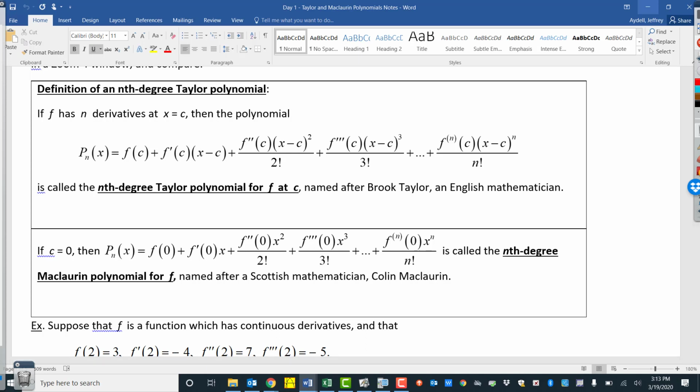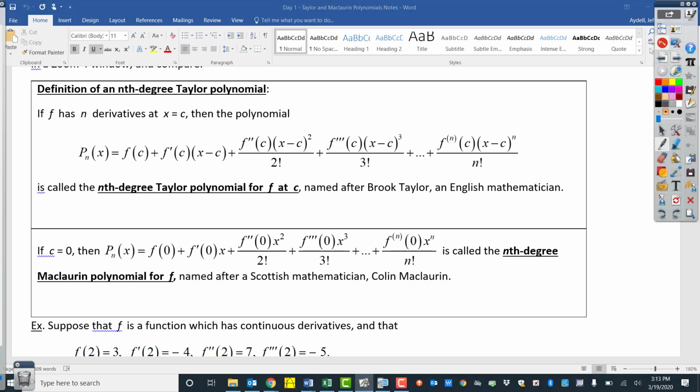If f has n derivatives at x equals c, that means as many derivatives as you want this degree polynomial to be, then the polynomial P sub n of x equals f of c, plus f prime of c times x minus c, plus f double prime of c times x minus c squared over 2 factorial, f triple prime of c times x minus c cubed over 3 factorial, and so on and so forth till you get to the nth derivative, x minus c to the nth power over n factorial.